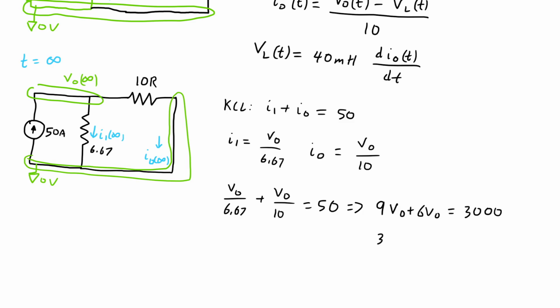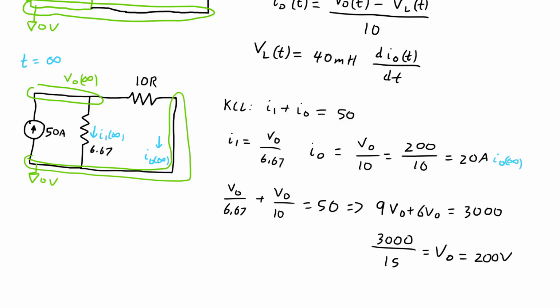So 3,000 divided by 15 will be VO. So 3,000 divided by 15 is 200 volts. So that means that IO infinity is 200 divided by 10, or 20 amps. I'm going to go ahead and write it in IO infinity.